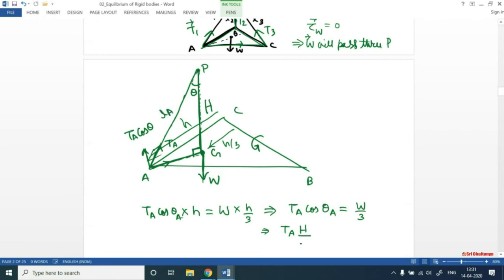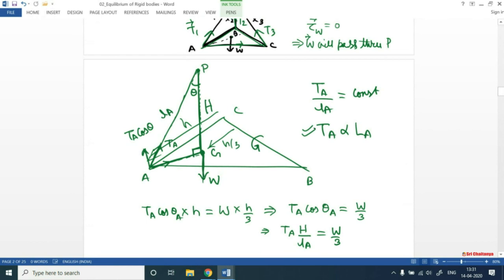So that would be H by LA, and TA times H by LA would be equal to W by 3. So here you can say that TA by LA is a constant. So that means TA would be directly proportional to LA. So the tension in the string would be directly proportional to its length. So that option would be correct in this case.